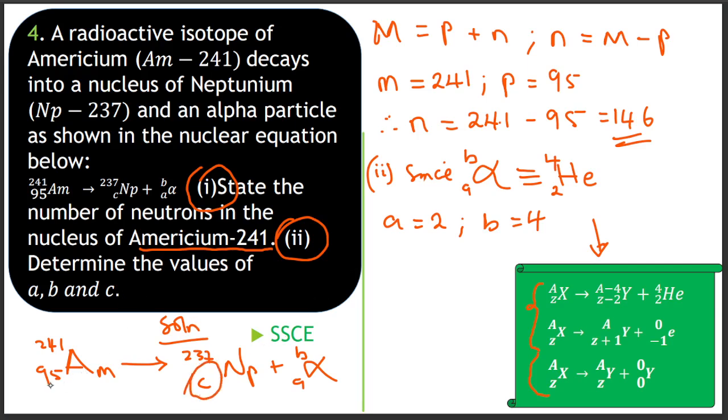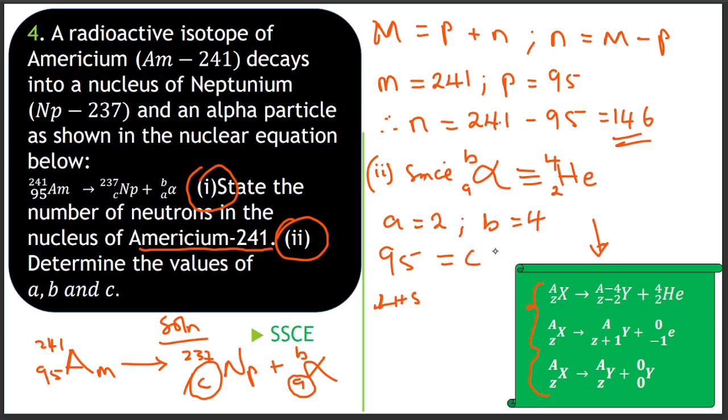I can either say 95 minus the charge for the alpha particle, which is 2, and that will give me 93, or I can write it in form of an equation. 95, that's the left hand side. The left hand side, remember, must be equal to the sum of the proton numbers in the right direction.